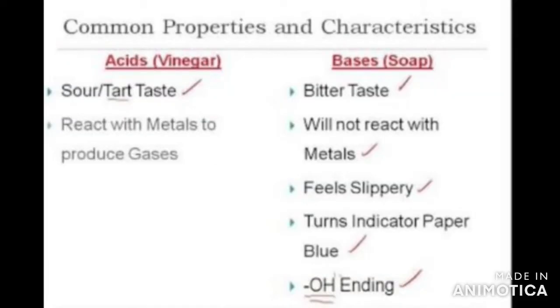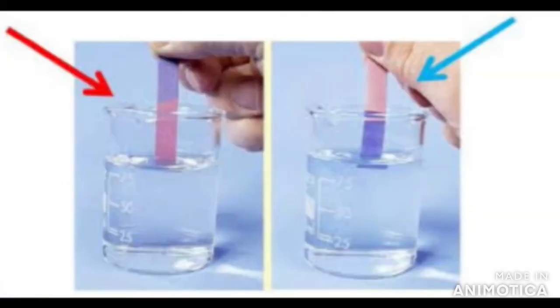Common properties and characters. Acids, suppose we take vinegar: sour or tart taste, reacts with metals to produce gases. Bases, soap: bitter taste, will not react with metal, feels slippery, turns indicator paper blue, OH ending. Now, this is litmus paper testing.